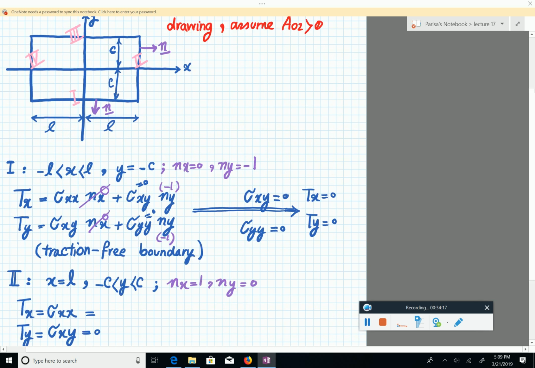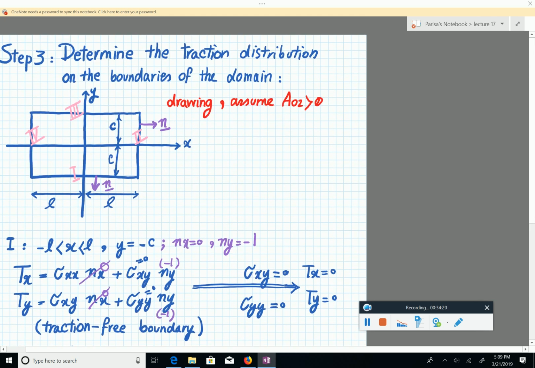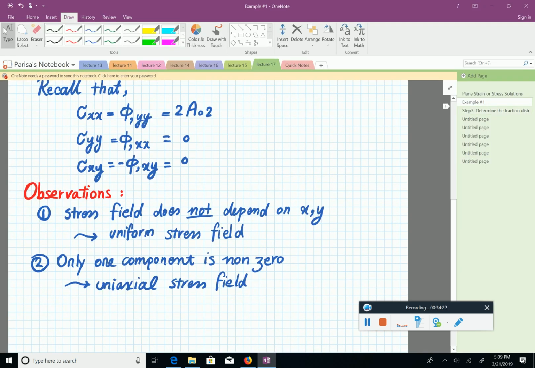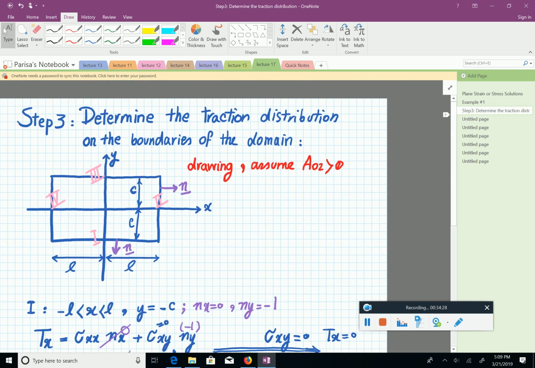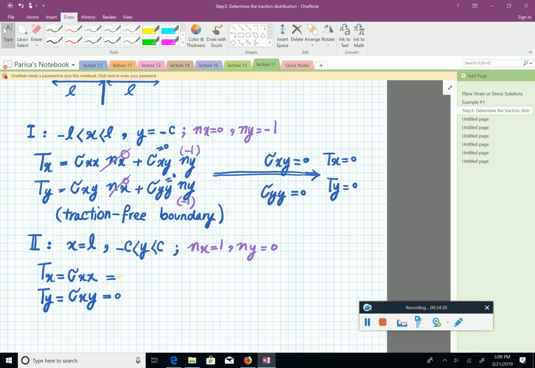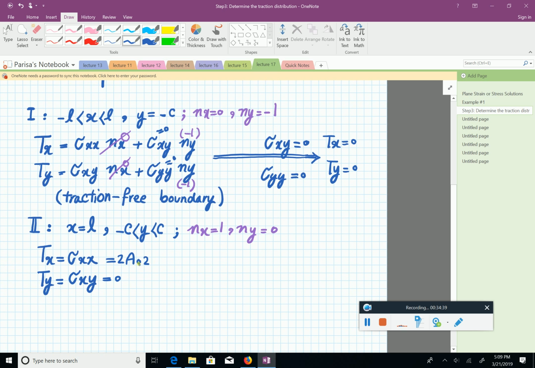Sigma xx, we calculated this before. So it was from here, you know that it is 2 times A02. Okay? And this is a constant, right?